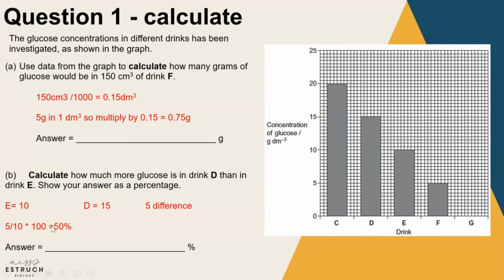Now that would be how you do the calculation to work out percentage change. Now you might have been able to do that in your head if you are quite mathematical, just by looking at the fact that this one contains 10, this one's 15, half of 10 is 5, we've got 5 extra, so it's a 50% increase. So either way you did it, the answer is 50%.